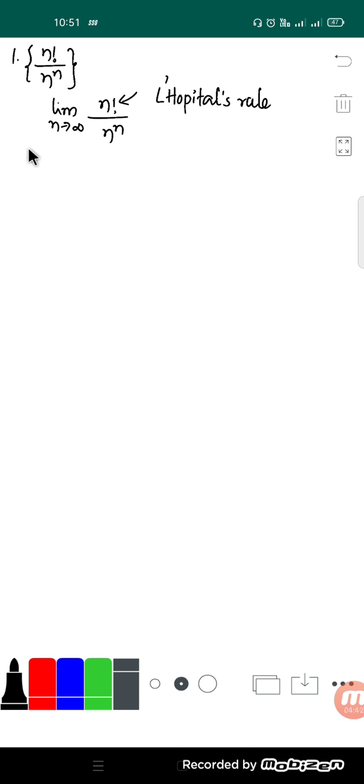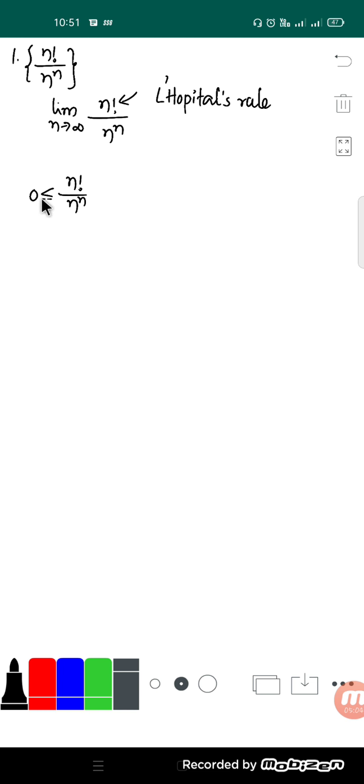So the next thing is, we'll make use of the squeeze theorem. For any n, n factorial by n to the power of n is always greater than or equal to 0.